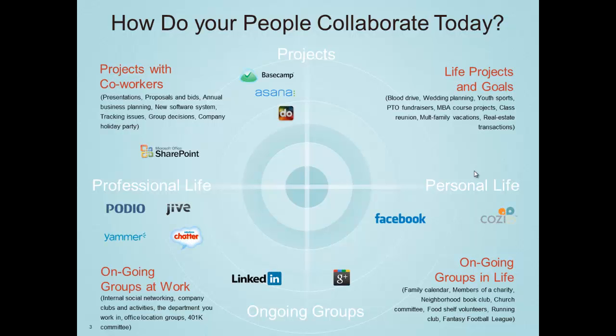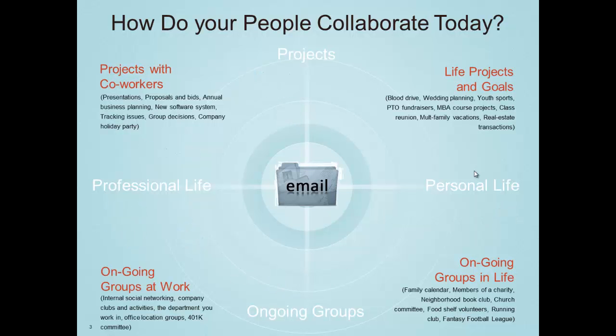So there's a bunch of tools that are out in the workplace today that do parts of these things, that address a piece of this quadrant, but they don't address every single facet of this quadrant. And one of the things that we unfortunately are seeing happening is email is actually the tool that people are using to collaborate across these four quadrants.